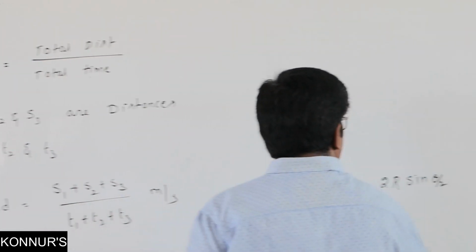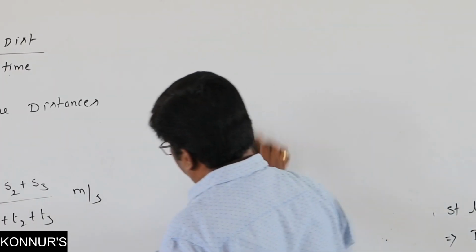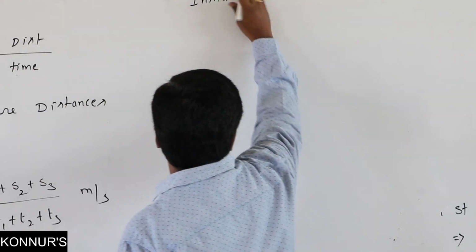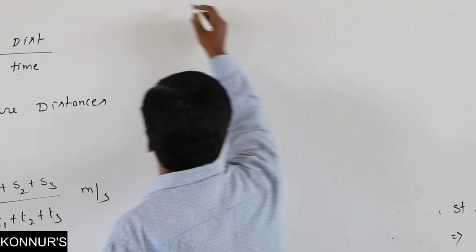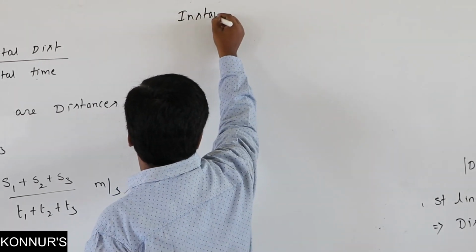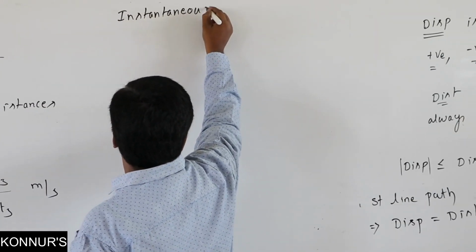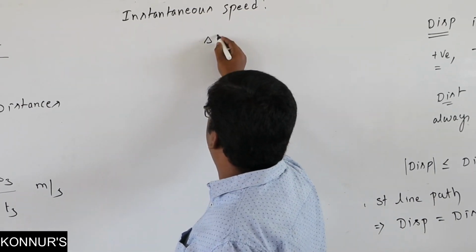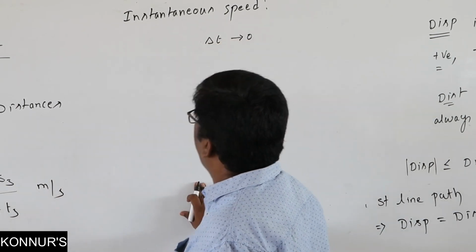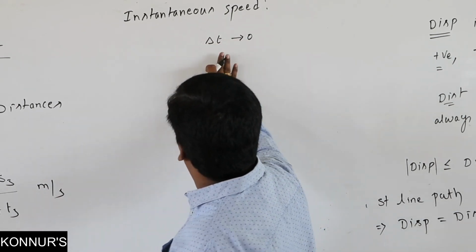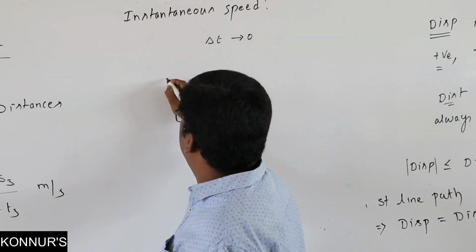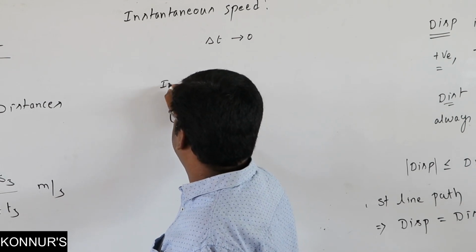Instantaneous speed: the time interval delta t tends to 0. So when the time interval is infinitesimally small, the average speed becomes the instantaneous speed.